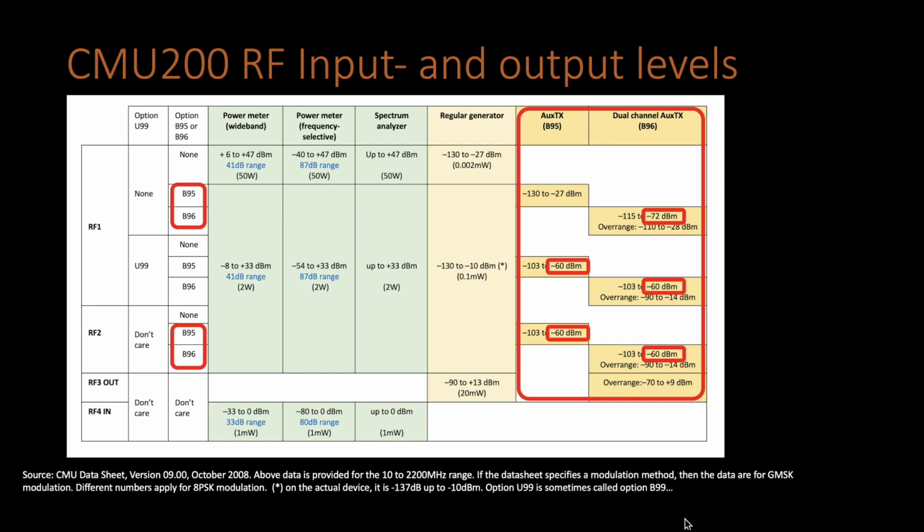You need one of the options then, which I had already mentioned, the B95 or B96 option. The last one is the dual one. But as you will also see here, the signal levels coming out of it, depending a little bit on how it's configured and which port you're using, are very low. Sometimes we're talking about a maximum signal level of minus 60 or even minus 72 dB.